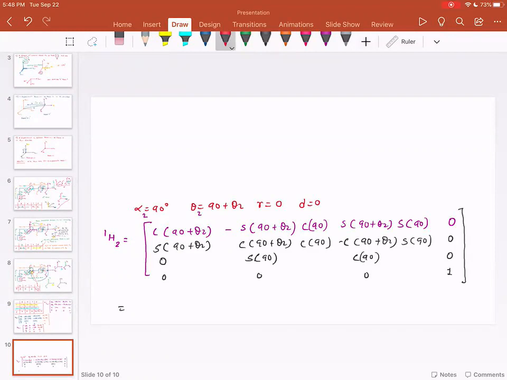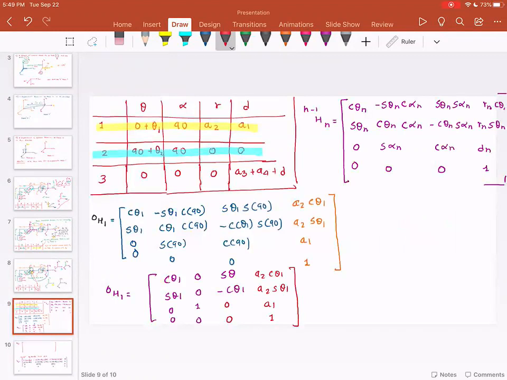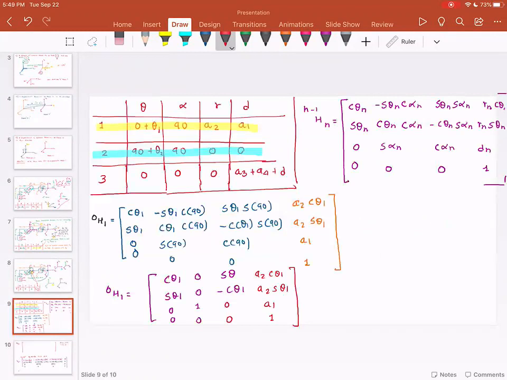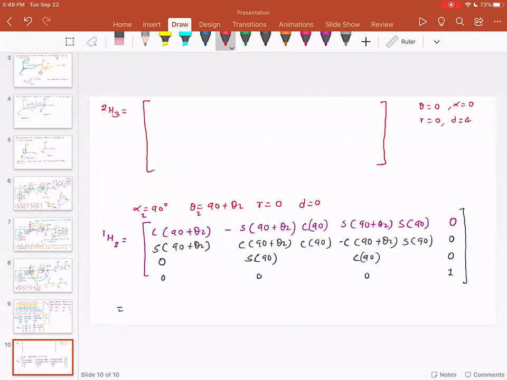And the last one, which I will write over here, is 2H3. For 2H3, remember theta, alpha, r are all 0, so theta is equal to 0, alpha is equal to 0, r is equal to 0, but d is equal to A3 plus A4 plus D. So I'm going to substitute these values.